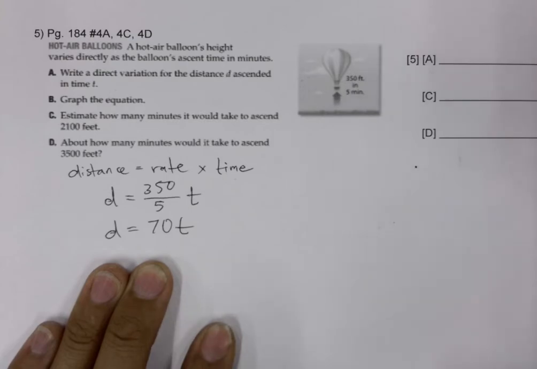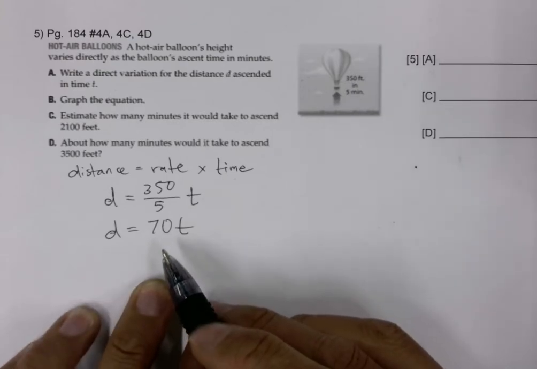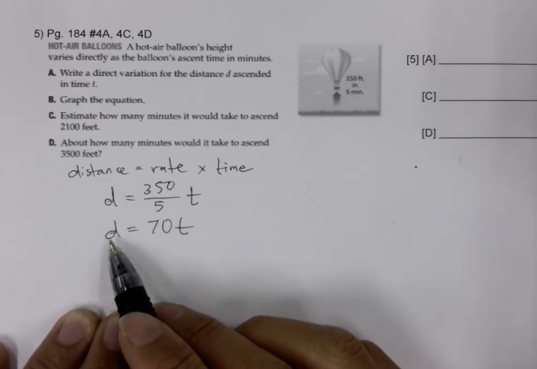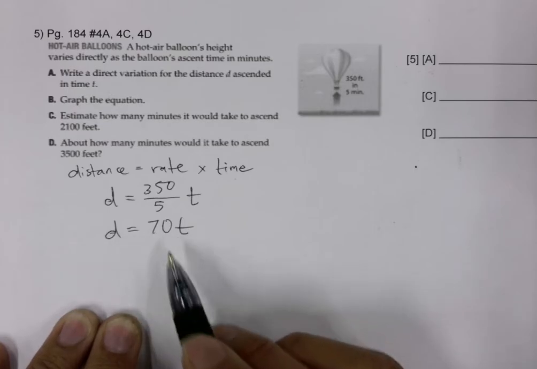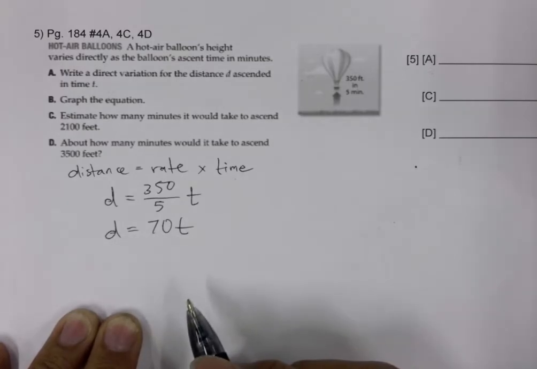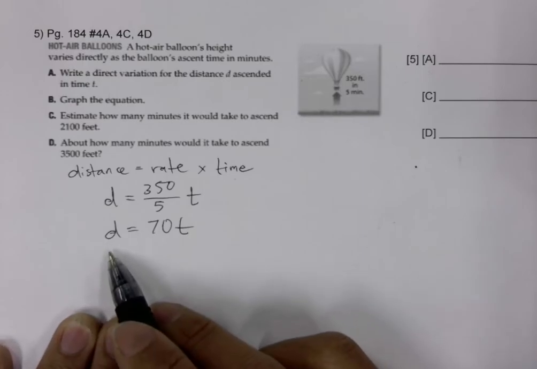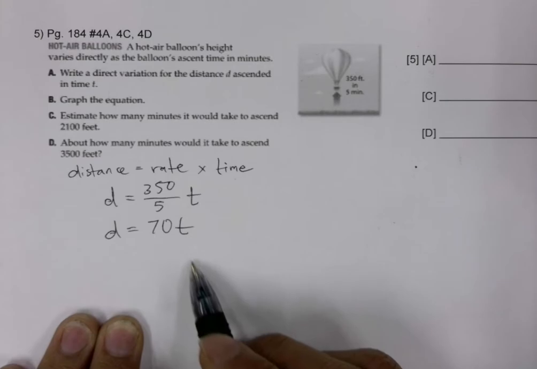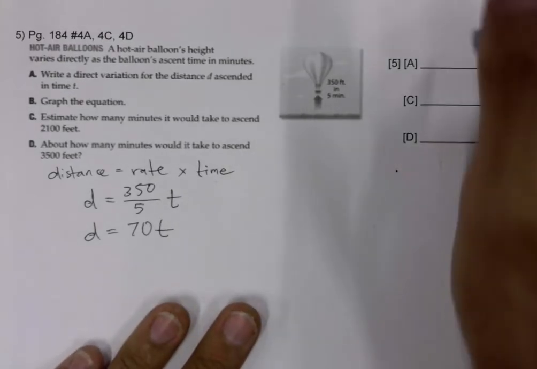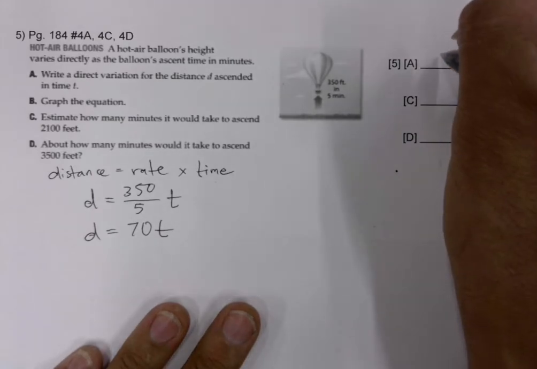Notice that it follows the same formula as a direct variation: y is equal to k times x. Instead of y, we have the variable d, and instead of x, we have the variable t. So let's go ahead and put that down here as our answer.